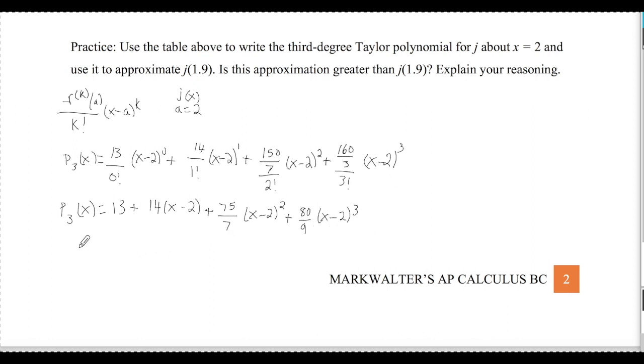We want to use it now to approximate j of 1.9.